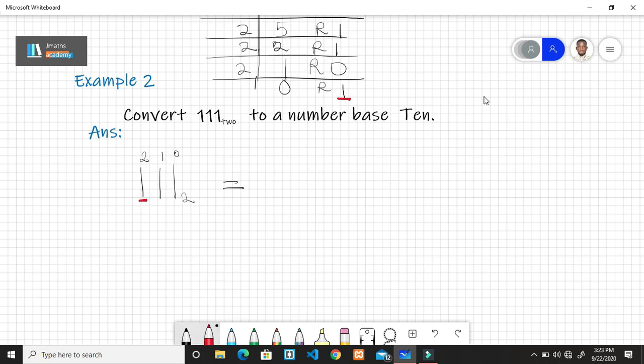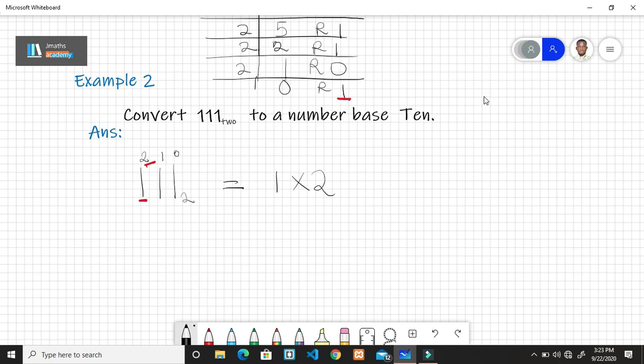This one, we'll write it as 1 multiplied by, we are asked to convert from base 2 to base 10, so we have base 2 here. 1 multiplied by 2 raised to the power of 2.